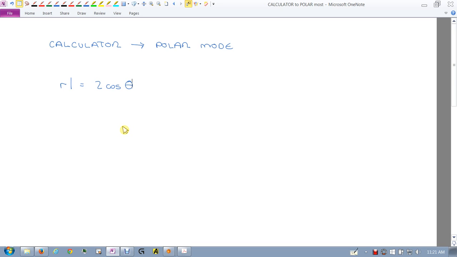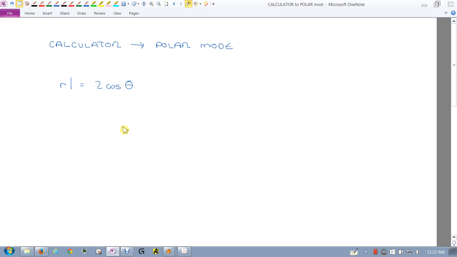I was wondering why it was drawing something completely different. 2 cosine theta. Looking for my theta. There it is. Yeah, mine drew it, and it's kind of small, so you'd zoom in. Also, hit the window function, and you can adjust your theta again. By default, it's 0 to 2 pi. Just like we adjusted the t, you can adjust theta.